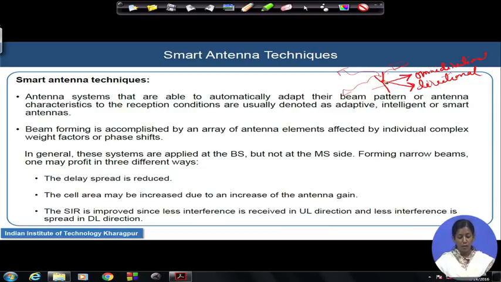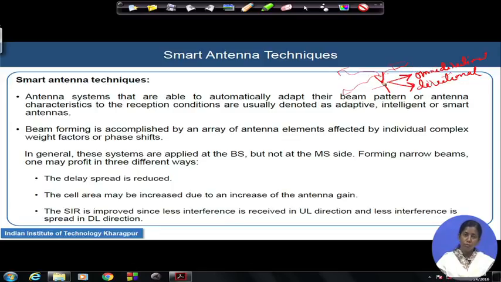Now we are talking about smart antennas, which are able to automatically adapt their beams. Once we are talking about directive antennas, we will have a typical beam pattern associated with the transmission.